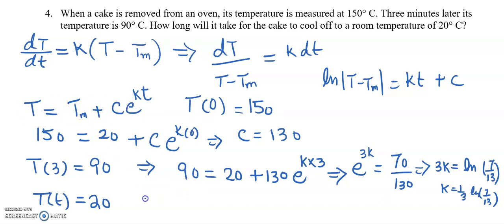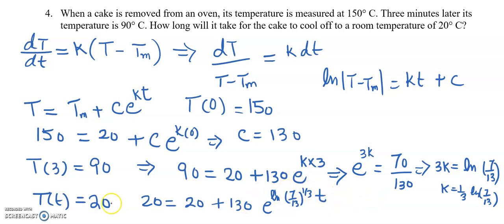If T is 20 and Tm is also 20, plus 130 times e to the power of 1 by 3 log 7 by 13 times t, then 20 minus 20 leaves the exponential equal to 0, so we will not get any solution of t here, because t will be very long, infinity.